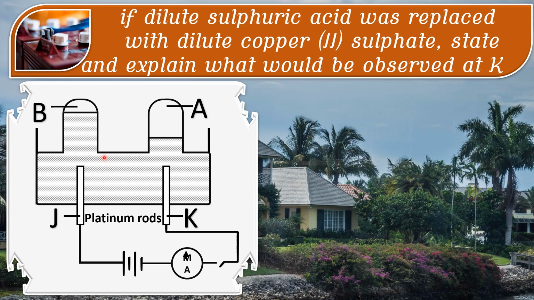So they are asking us to state what we are going to observe and explain what would be observed. What are we going to observe when we replace dilute sulfuric acid as an electrolyte with dilute copper 2 sulfate?